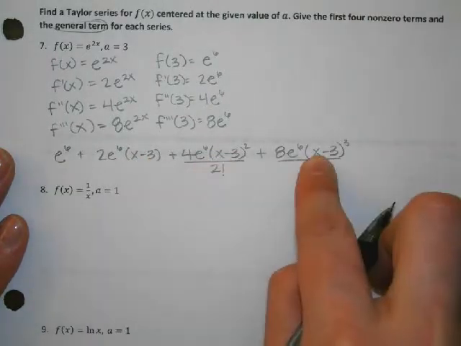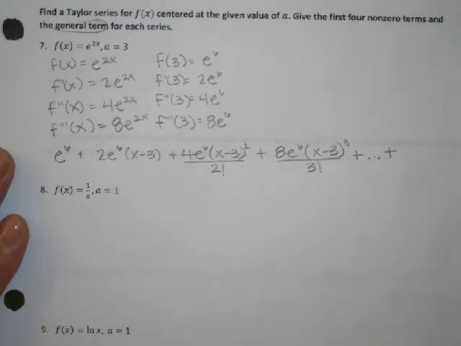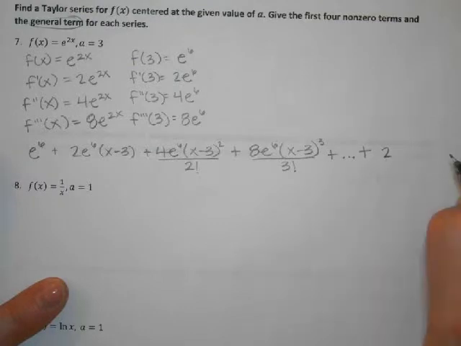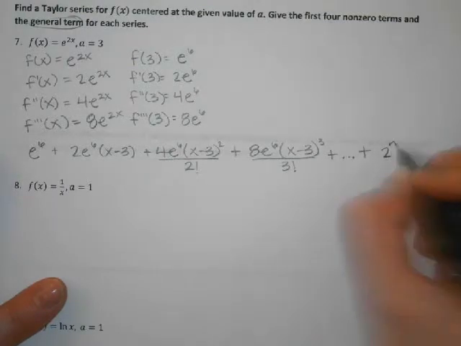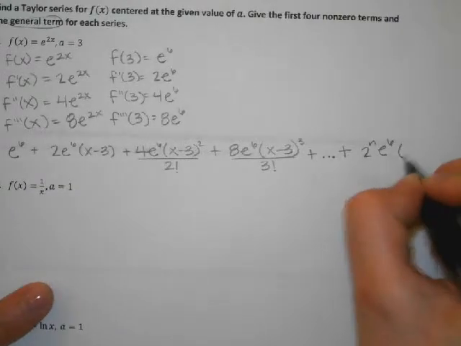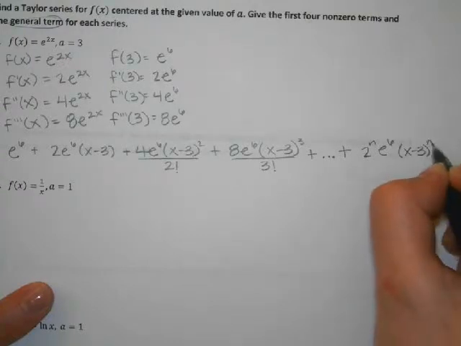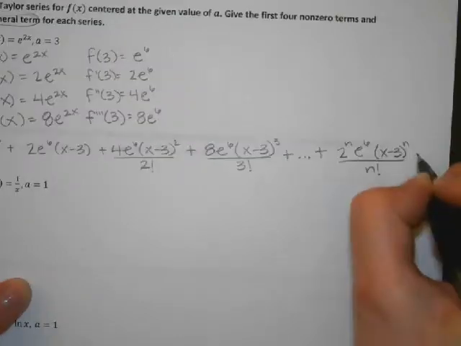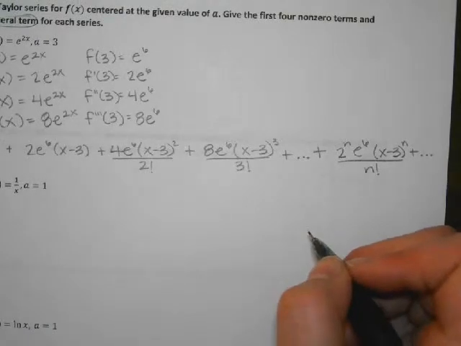So that's the first 4 terms, plus dot dot dot. And the nth term is 2 to the n, e to the 6th, x minus 3 to the n, over n factorial, and then we make sure plus dot dot dot to show that that series would go on forever. And that was just the nth term.